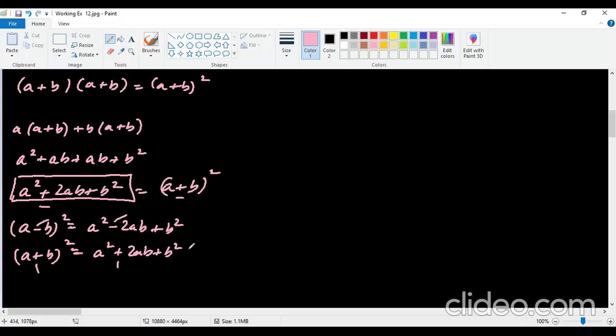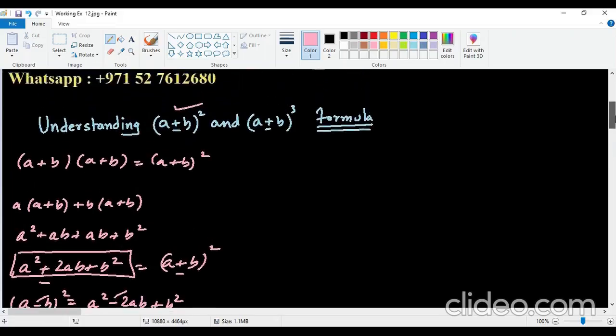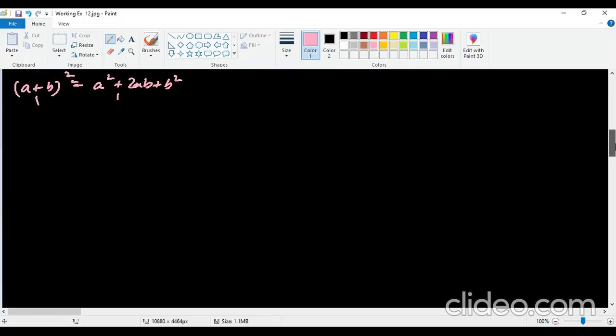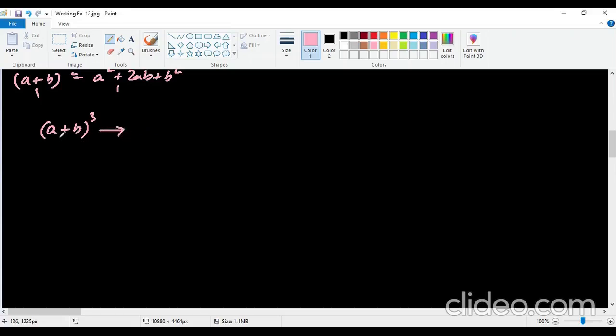So this is simple. But when it comes to using the formula of a plus b whole cube, it's going to be something like this: a plus b whole cube. As soon as you see this, you should know that the first value is a and the second value is b.